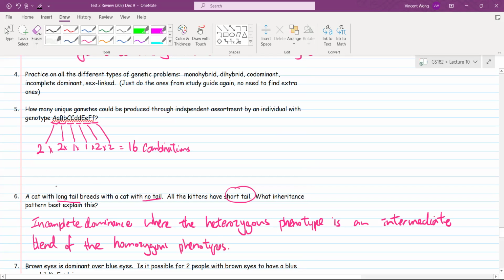So it's not quite like big L, big L. It's not quite like small l, small l. It's somewhere in between. Somewhere between long and none would be short. Okay.